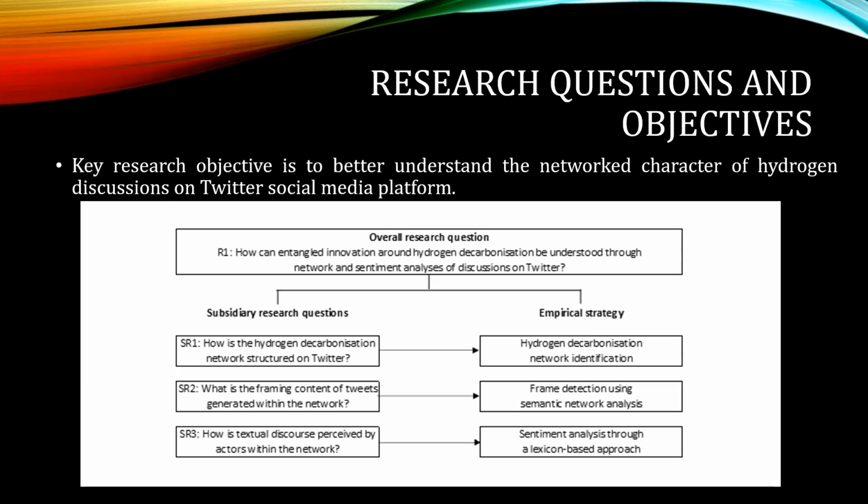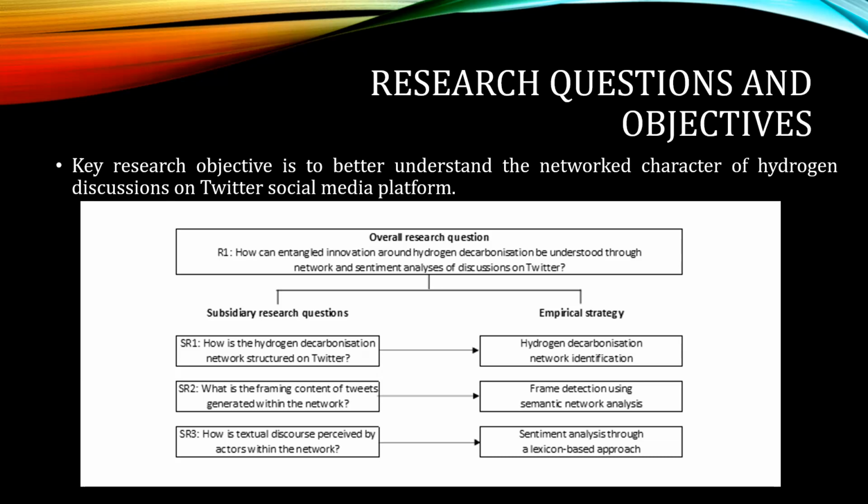another aspect of Twitter is that it actually has relatively easy data collection facilities through their APIs. So I found it particularly easy and straightforward to collect a range of data about how people are tweeting about hydrogen decarbonisation.